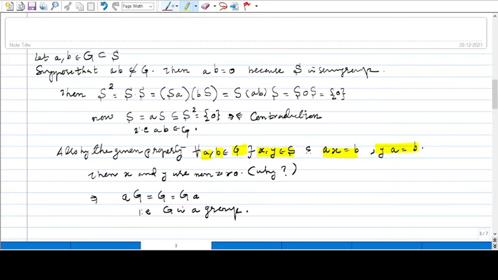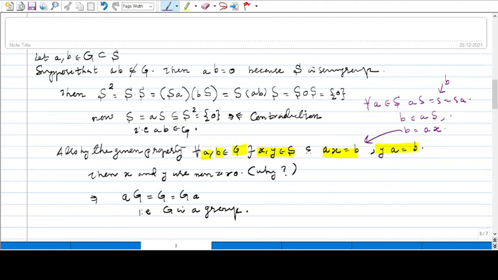It is very simple using the property. For any A belonging to S, I have AS equals S equals SA. I choose the element B from S. Then B belongs to AS, so B must be of the form A times X. That's what I have used here.